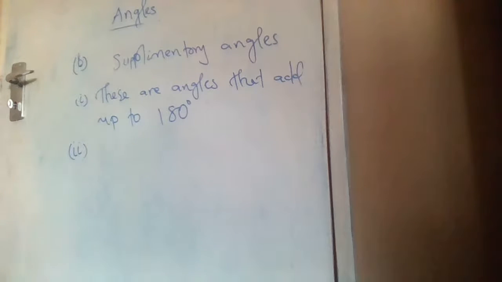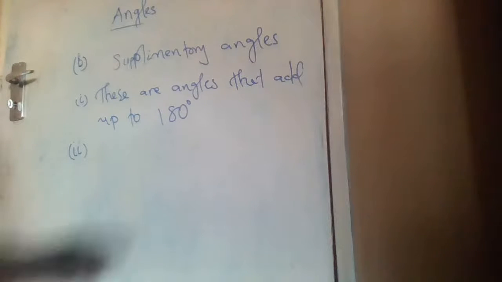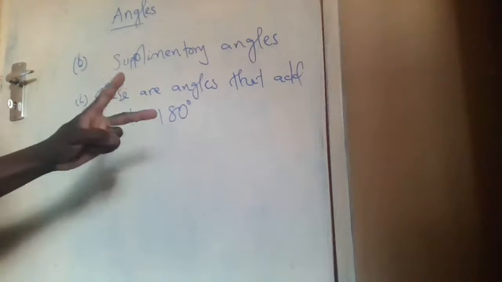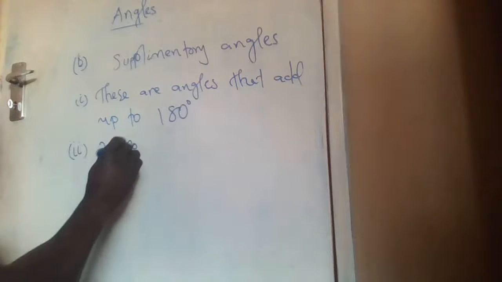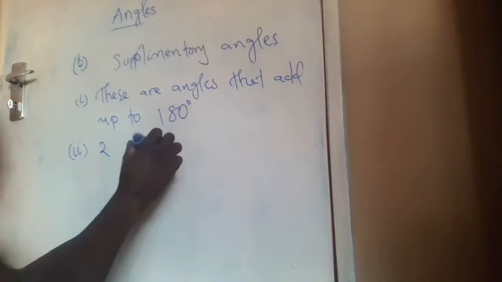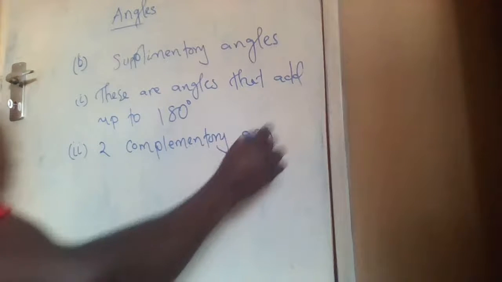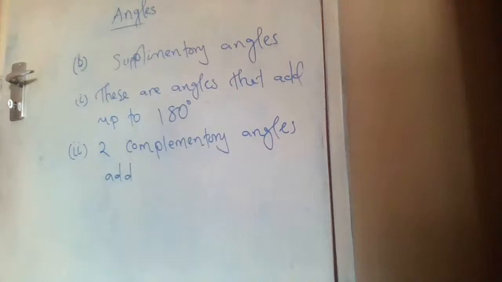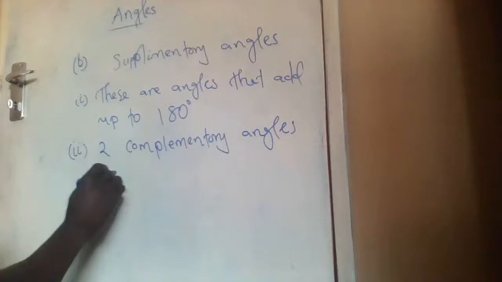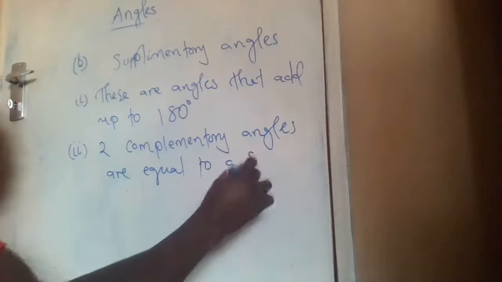Okay, allow me to use this as B. And then if we say these are angles that add up to 180, you see how many 90s are in 180? There are 2. So we can say 2 complementary angles are equal to a supplementary angle.